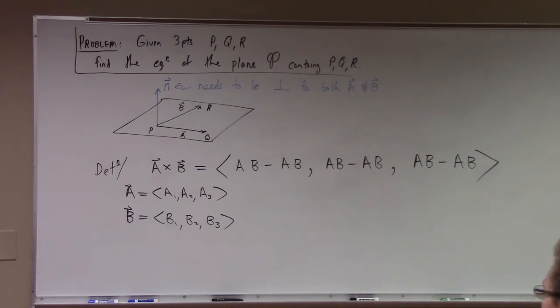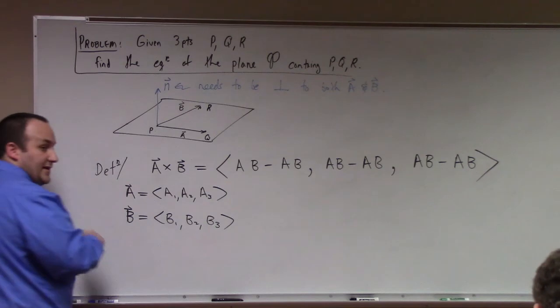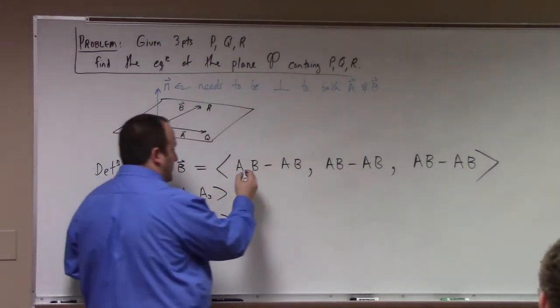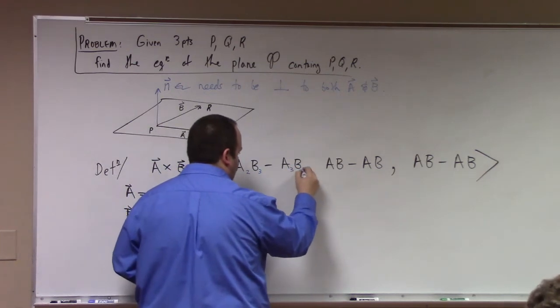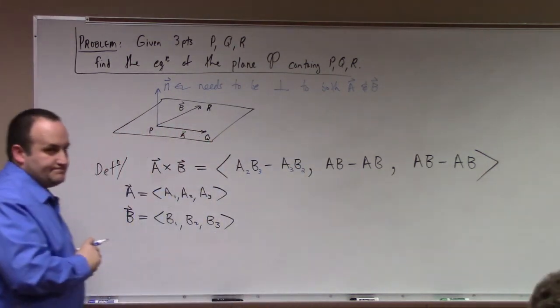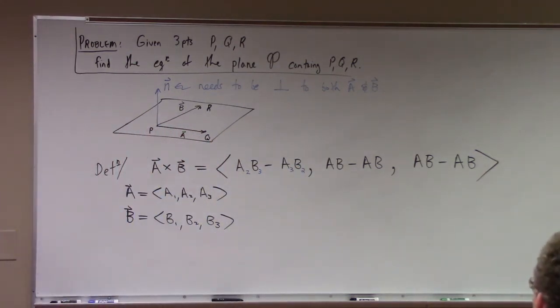In the first component of the cross product, you just have 2 and 3 appearing in the indices. So you get 2, 3, and then 3, 2. In the second component, you have everything except for 2 appearing.